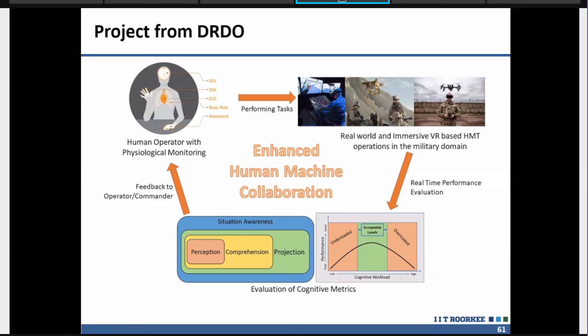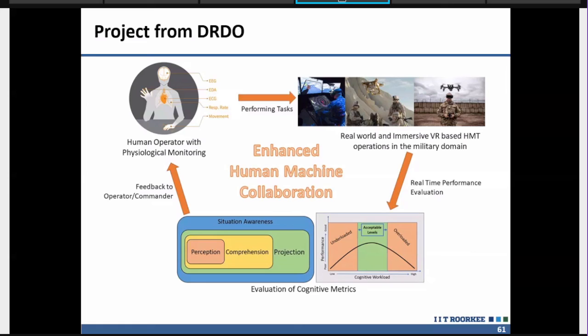And whether they are really stressed or not, according to the situation. For example, if there are two or three people, what is each one's mental workload and situation awareness, how aware are they? Finally, we are also analyzing how we can measure their performance.